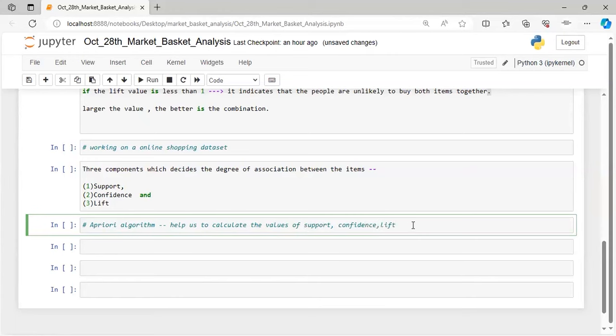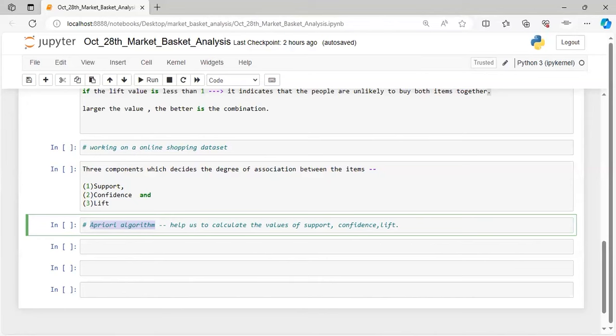Just like we worked on the online shopping data set and tried to find the association and the similarities between the items and between the customers. We pre-processed the data, applied the pivot table approach, and then applied cosine similarity to calculate the relationship between the items.